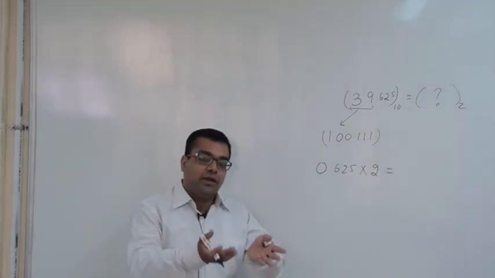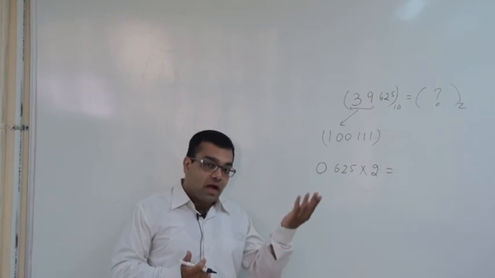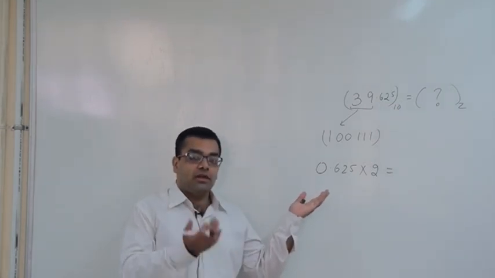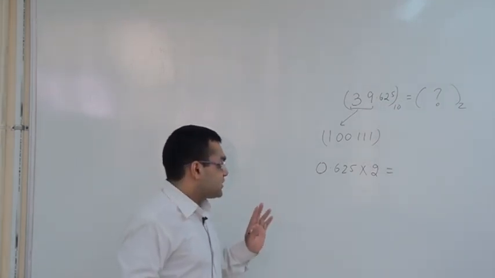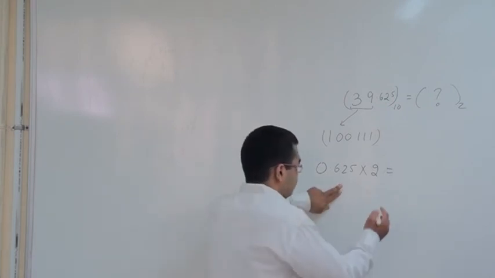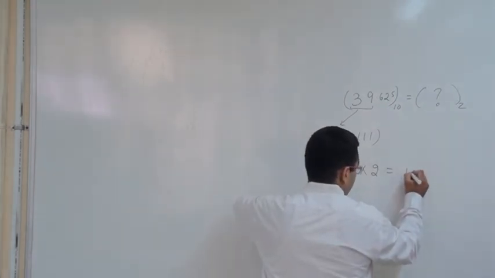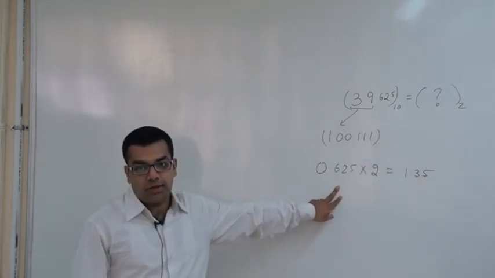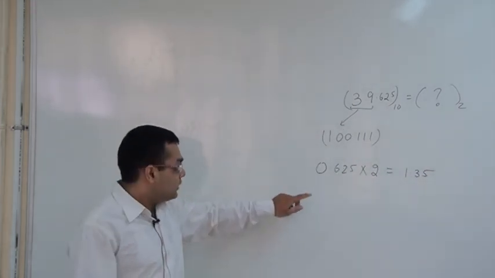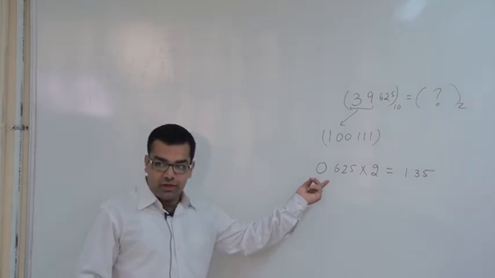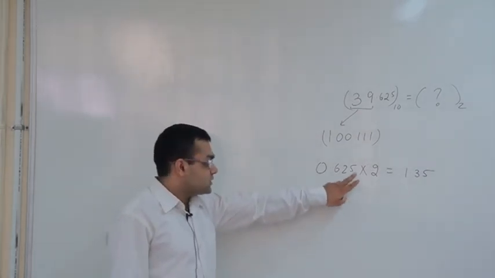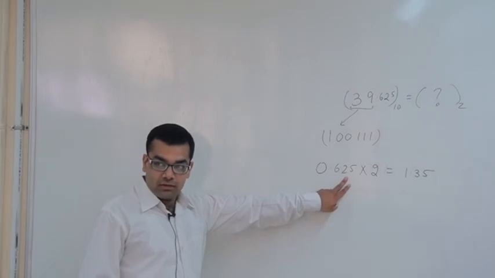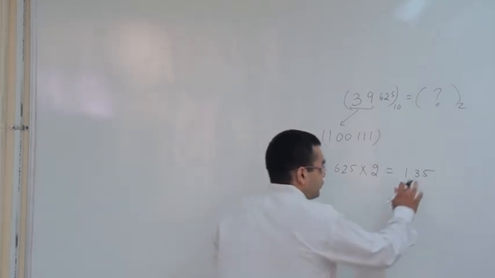And we will keep on accumulating the digits that come ahead of the decimal after multiplication. So 0.625 into 2, this is 25 2s are 50, so 1.25.